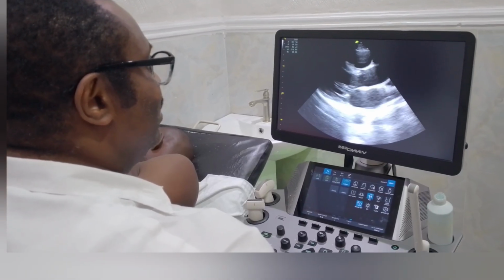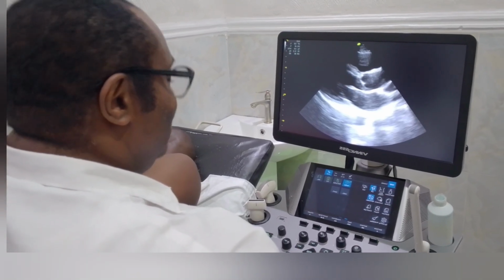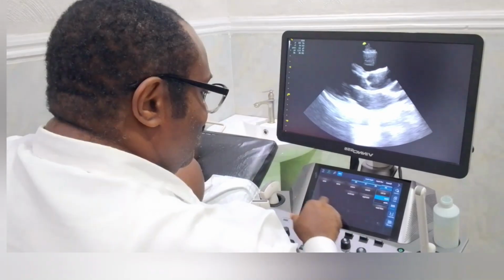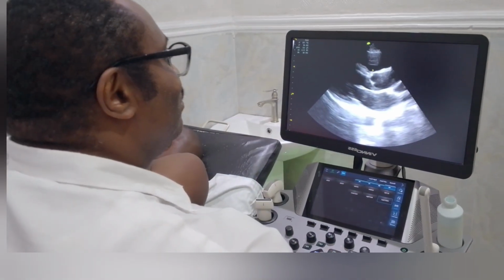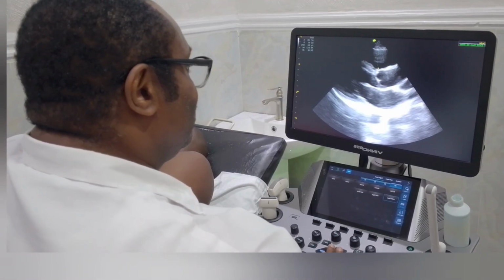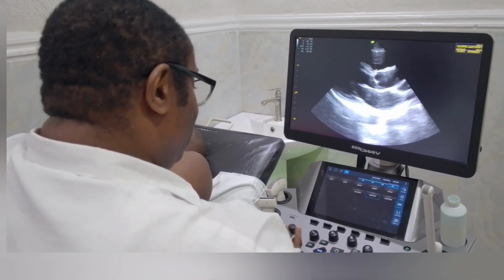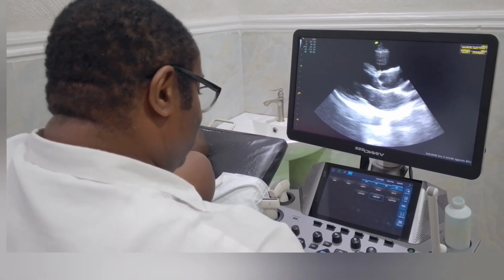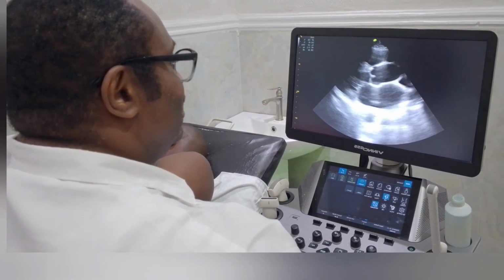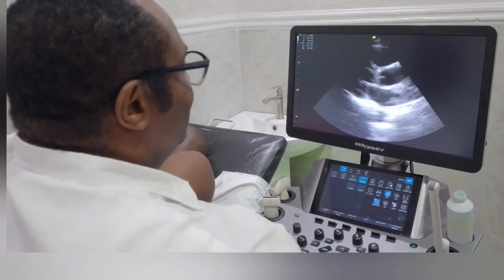This is a good place to measure it in diastole. In its widest form, we want to measure the right ventricular outflow tract diameter. So we measure it there. Okay.